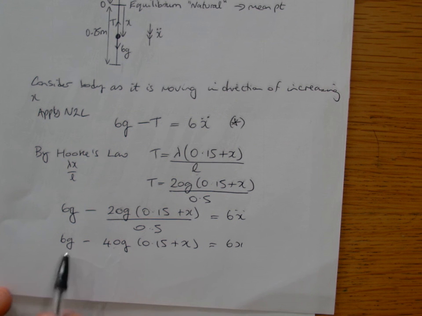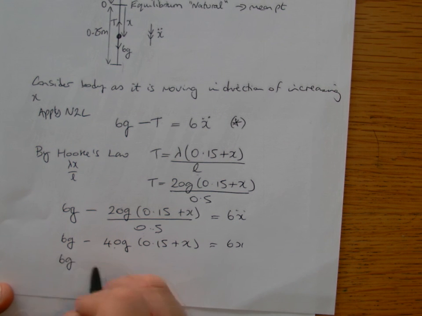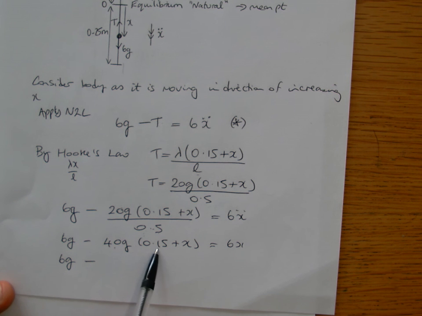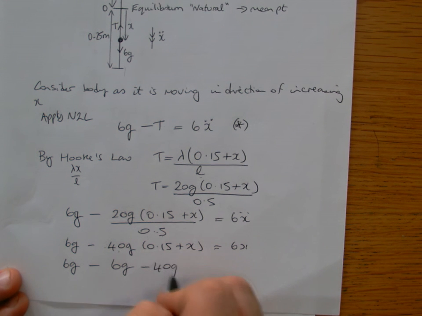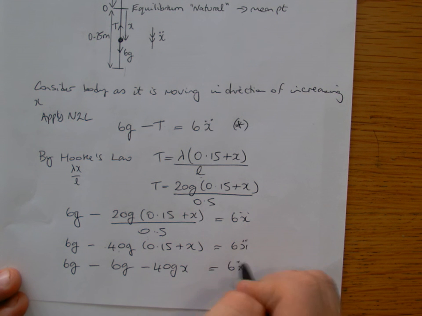So you get 40g there. Multiply out, so 6g minus, now 40g times 0.15 actually gives you 6g, and then minus 40g times x, minus 40gx, equals 6x double dot.